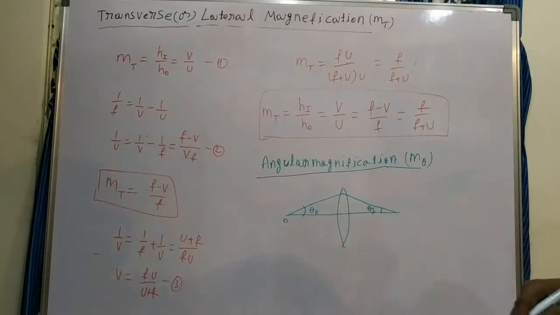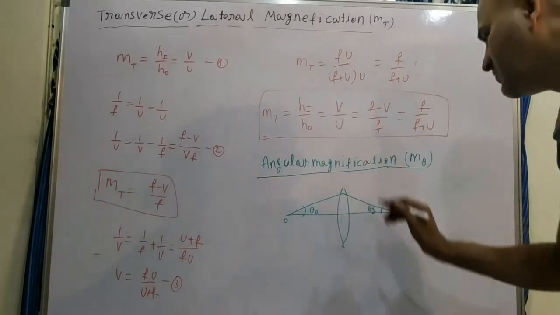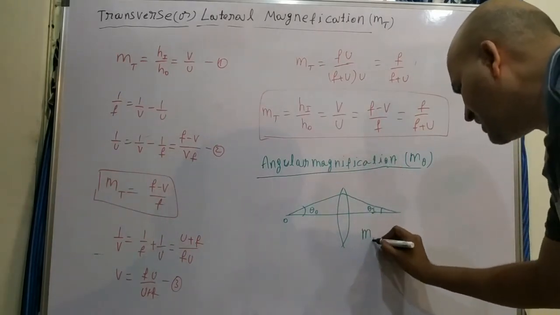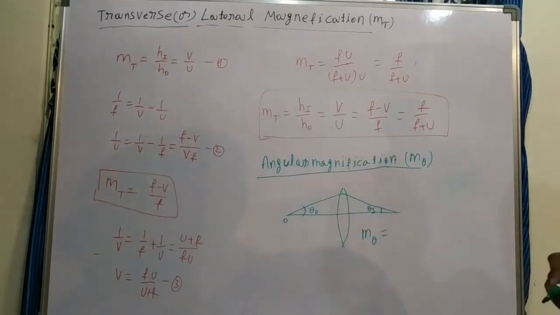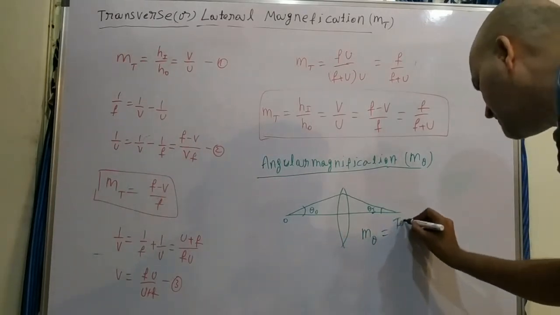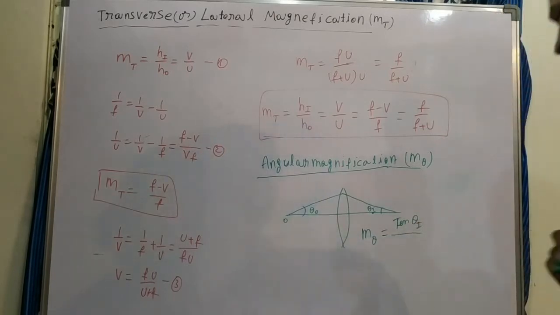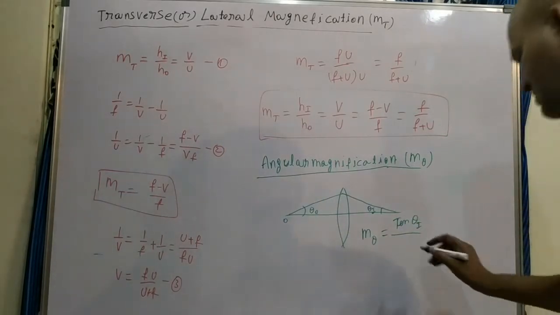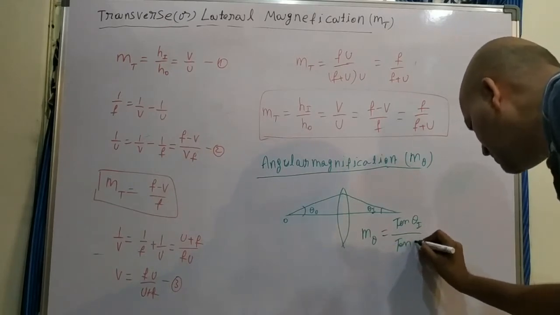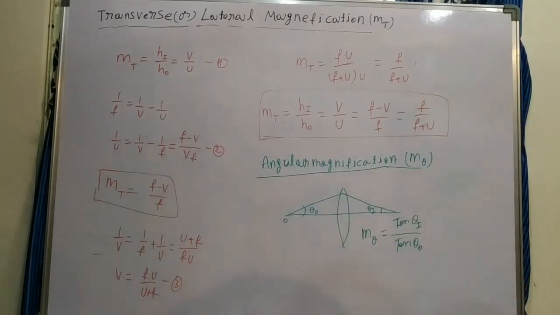So according to the definition, angular magnification M theta is equal to tan of the angle of the refracted ray made with the principal axis, by tan of theta object, that is the angle between the incident ray and the principal axis.